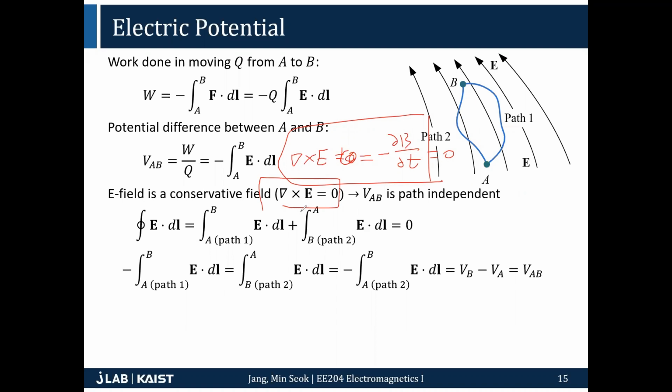That's probably what I can tell. So you should keep in mind that in an electrodynamic condition, where dB/dt is non-zero, we cannot write the electric field as a gradient of a scalar potential. Expressing the electric field as a gradient of a scalar potential is possible only for the electrostatic field.